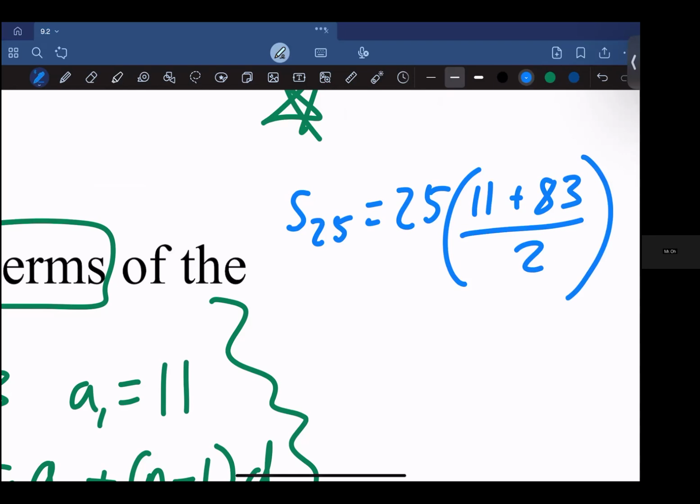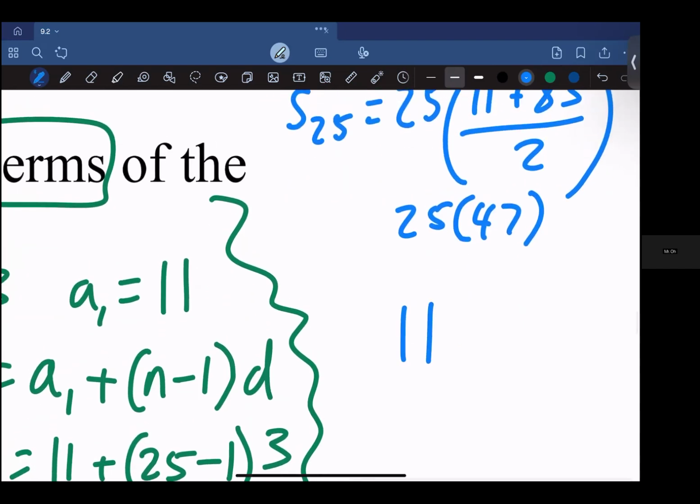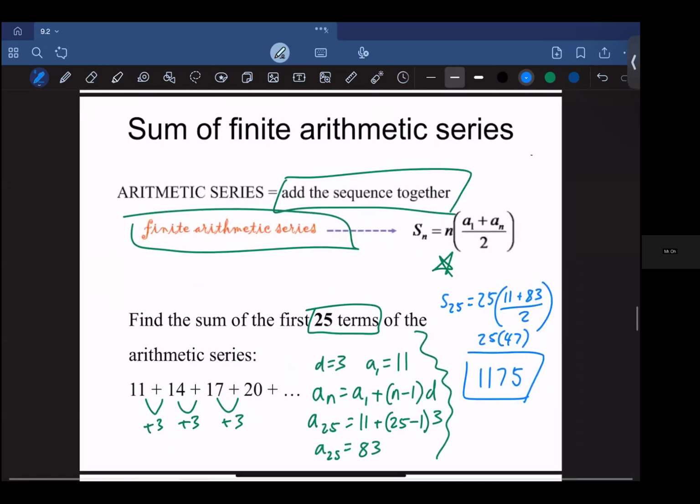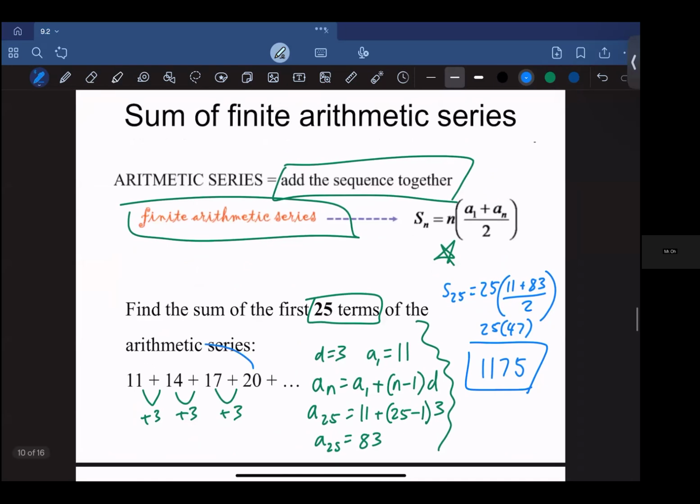We multiply those out and get 25 times 47, which together is 1,175. That is the sum of all of them all the way to the 25th term.